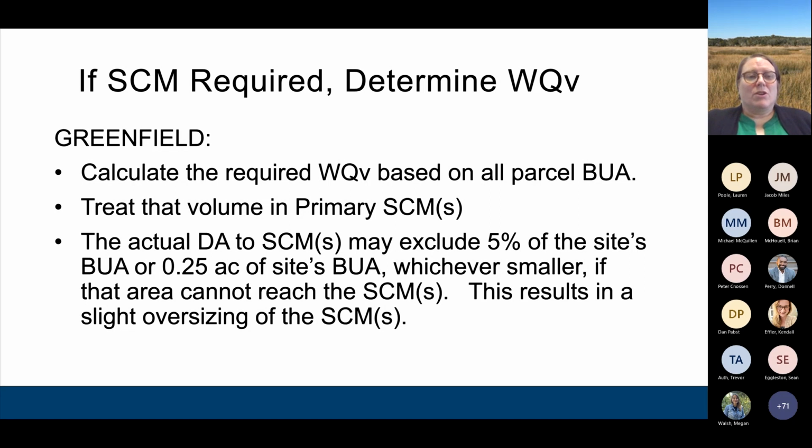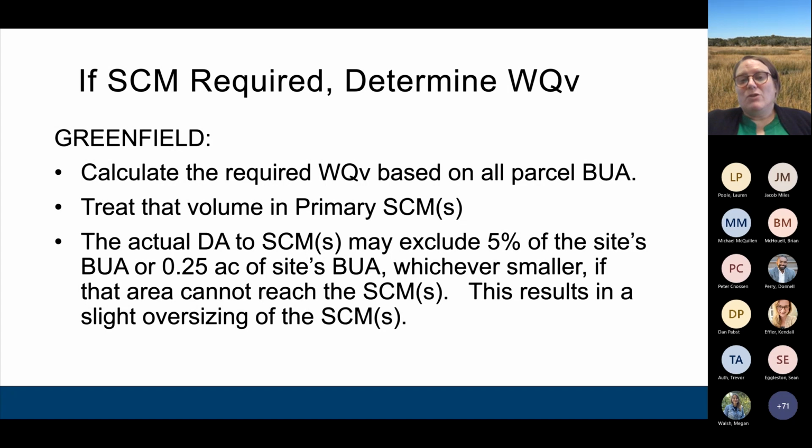And so for a greenfield site, you're going to calculate the required water quality volume based on all the parcel BUA and treat that volume in primary SCMs. Now we know that there's going to be situations where there's a little bit that drains in a different direction or to the right of way or something like that.